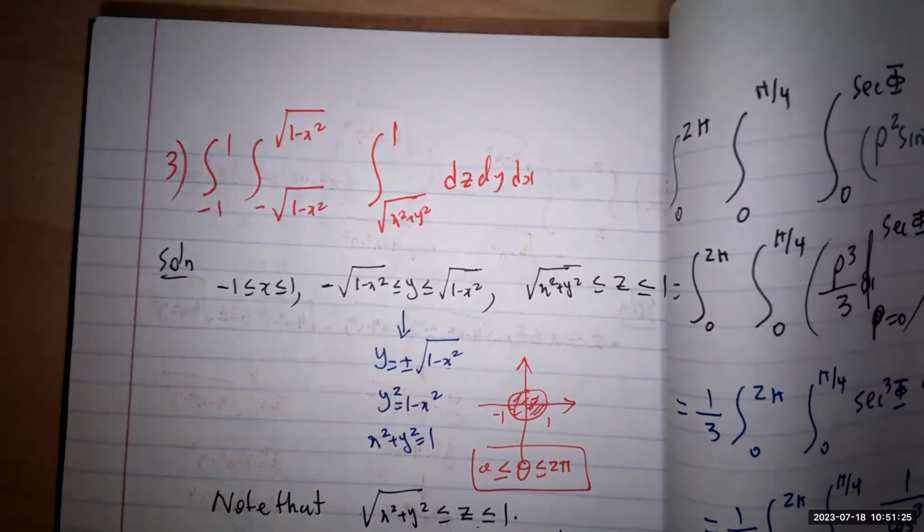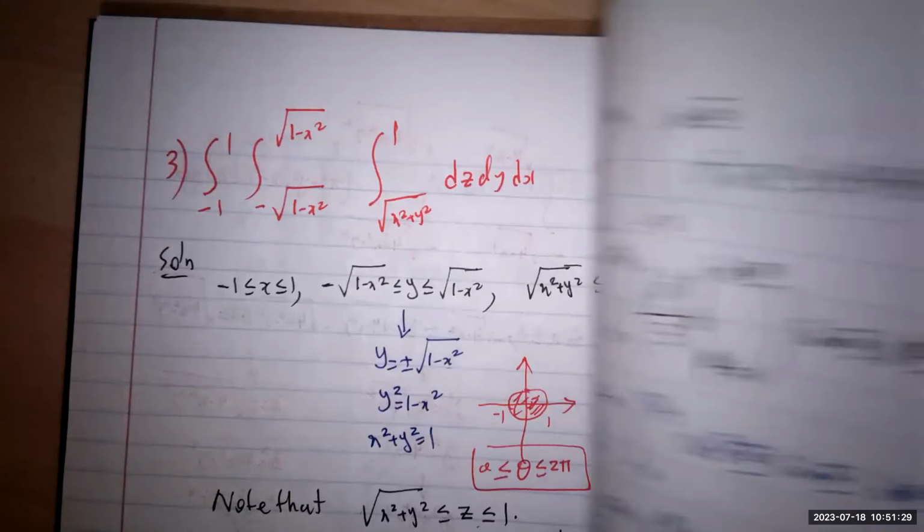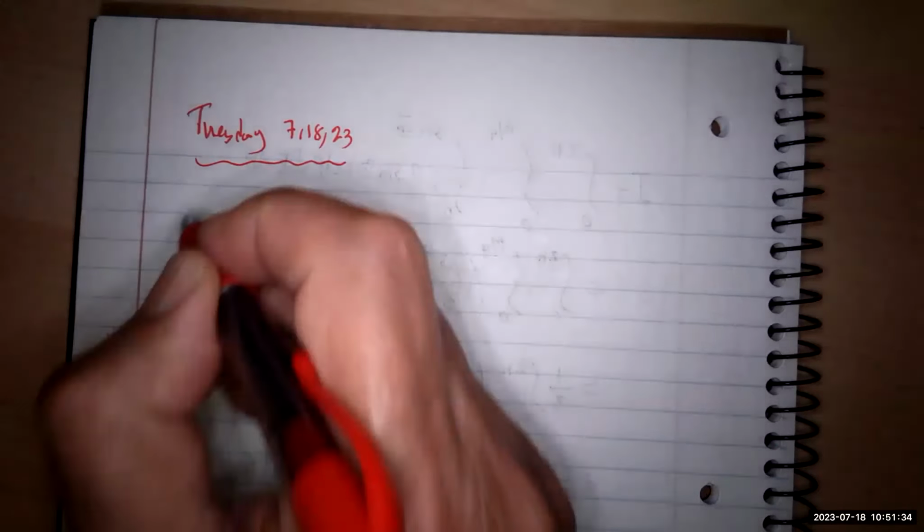I'm going to continue with this example again, but this time sometimes you have to decide which method is going to be the one. So you can use the cylindrical one.